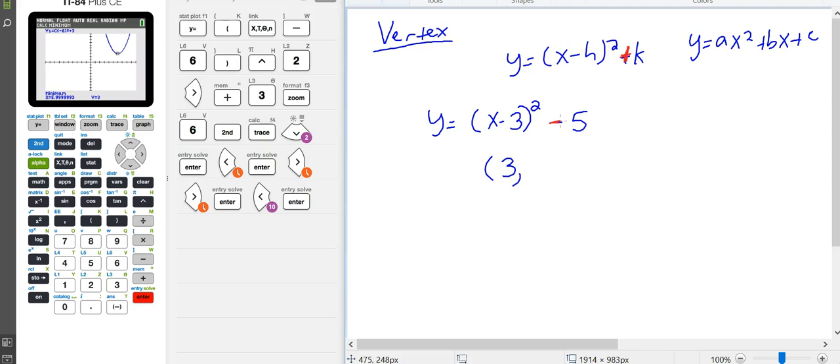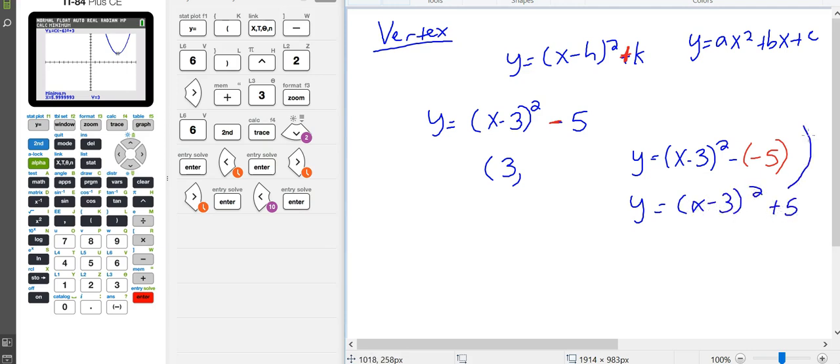That really means that k is negative 5. Why is that? Because let's say we would rewrite our equation: y is equal to (x minus 3) squared minus k, where we're deciding k is going to be negative 5 this time. Then if we simplify that, y is equal to (x minus 3) squared plus 5. Now we get back to our original plus k. So we have to switch the sign and make this a negative 5.